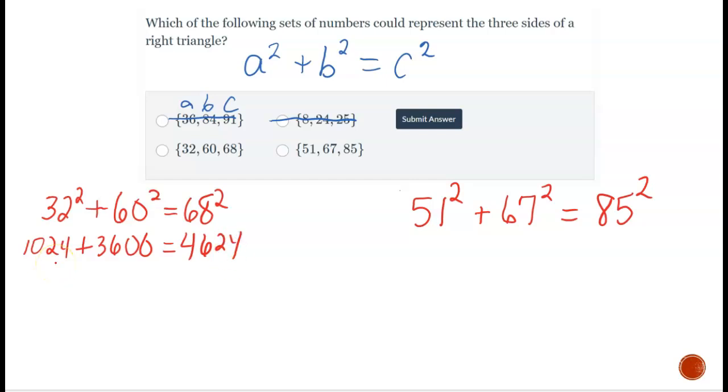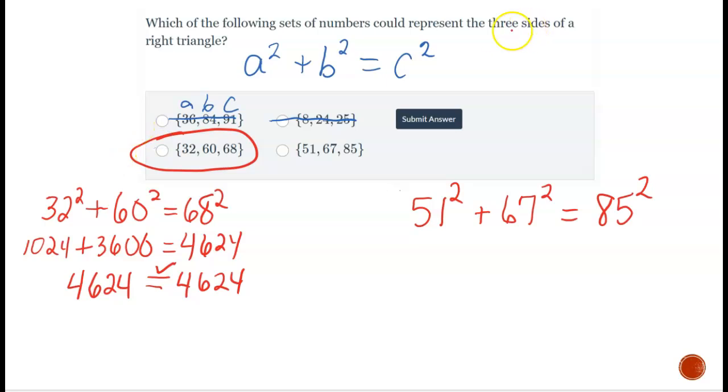I add everything on my left side together, and I get 4,624. And on the right side, I also have 4,624. Both sides are equal. So yes, those numbers, 32, 60, and 68, do create a right triangle.